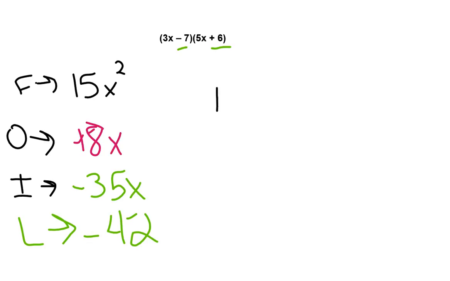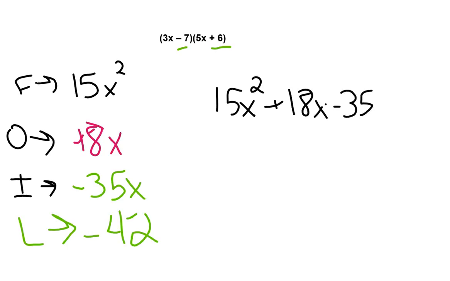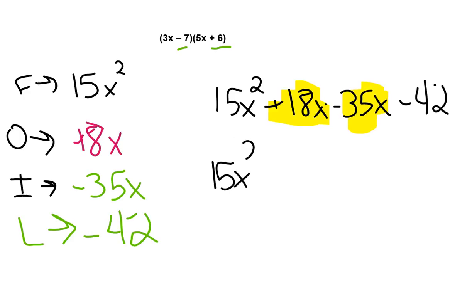So if I combine these, 15x squared, positive 18x, negative 35x, and a negative 42. All I got to do now is combine my like terms, which are going to be 18x and negative 35x. So I'll have 15x squared. Positive 18, negative 35 gives me a negative 17x. And then I've still got my negative 42.